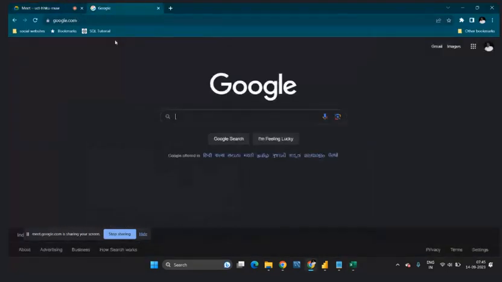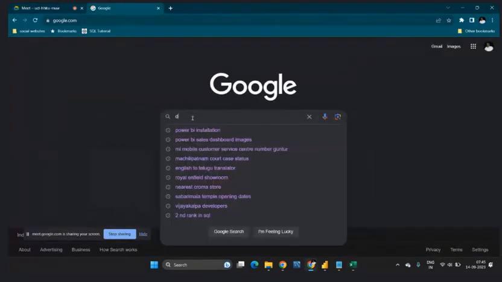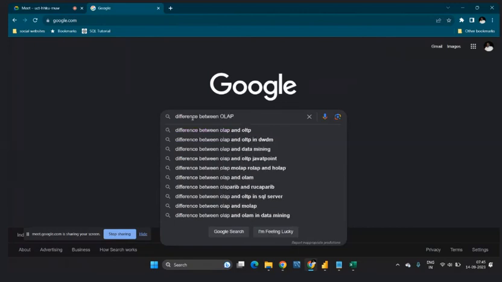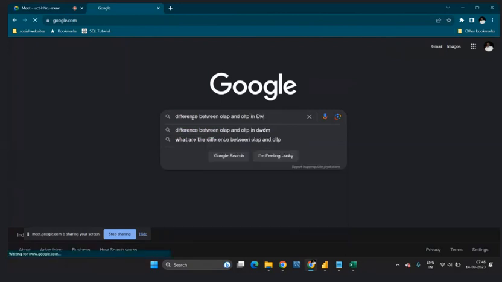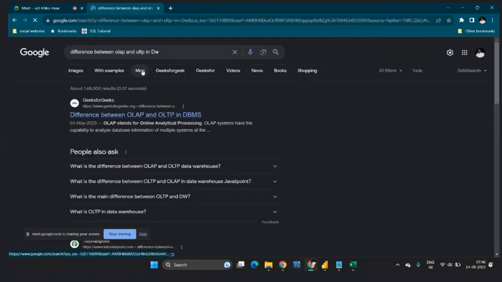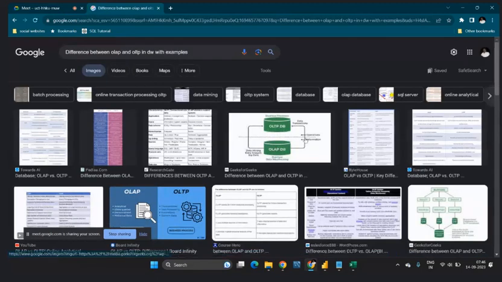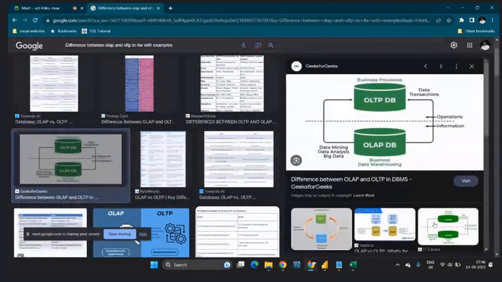Now, the difference between OLAP and OLTP in a data warehouse. I will go to images. Where is that?